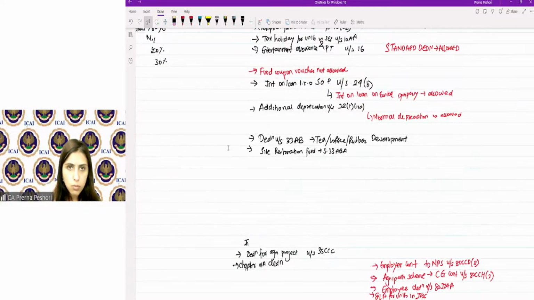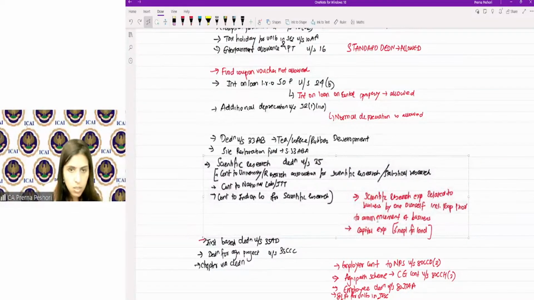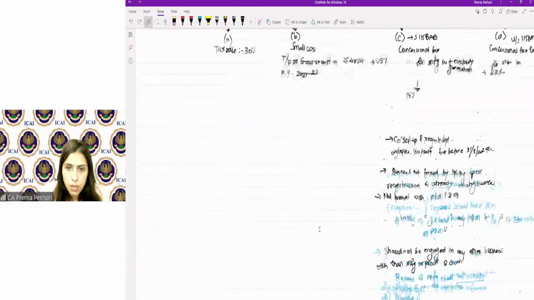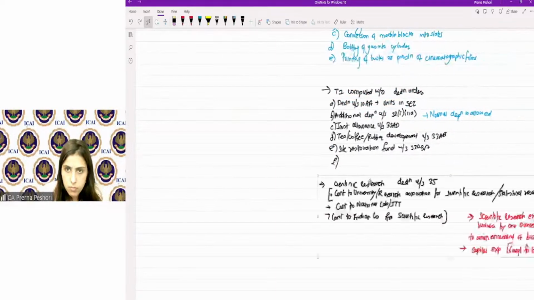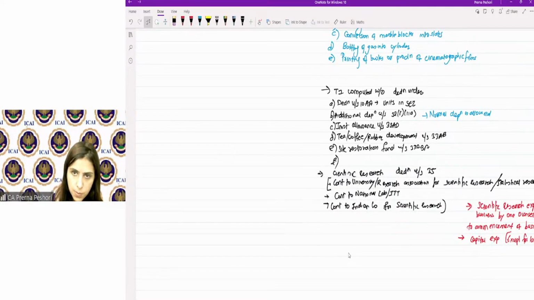Okay. So scientific research expense deduction under 35, these will not be allowed. Then 35AD, which is investment allowance deduction. Sorry, it should be 35AD and not 32AD. 32AD is no more there.